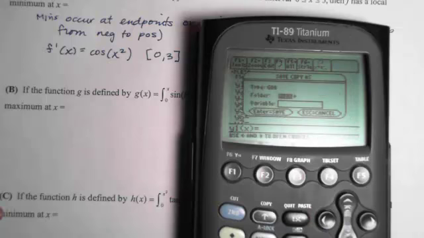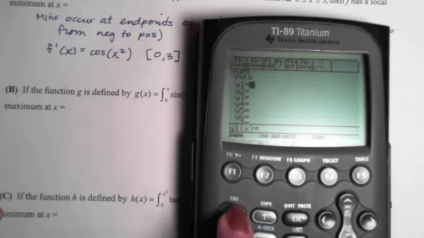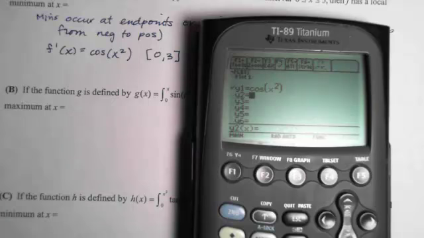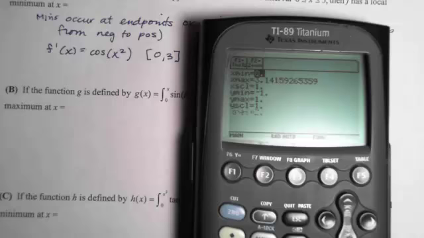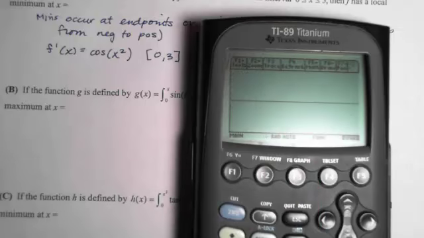Then we change the window so that we're looking from 0 to 3. Cosine's biggest value is 1 and the smallest is -1, so we'll leave our window as -1 to 1, and then we'll graph it.